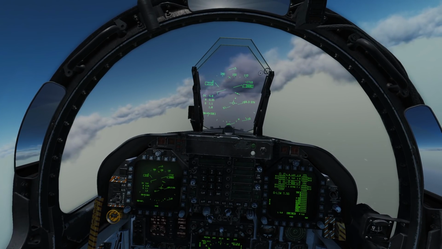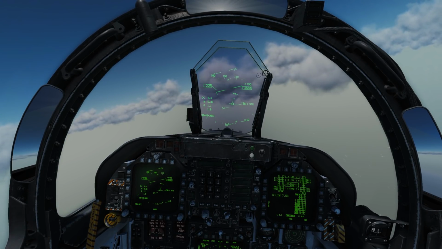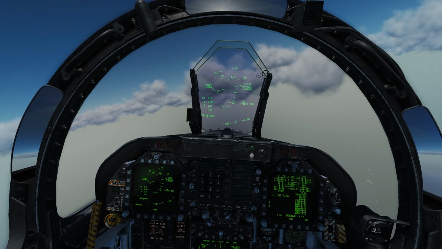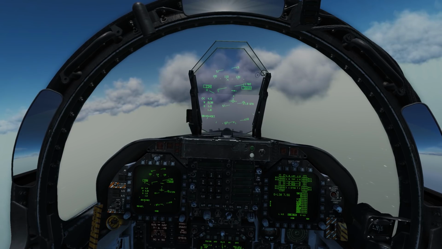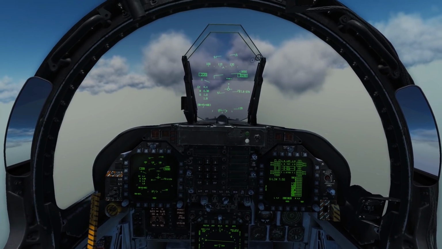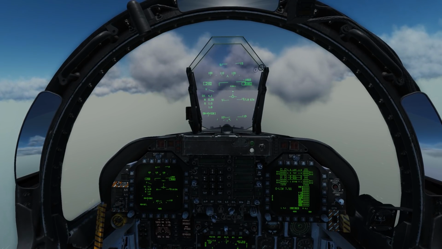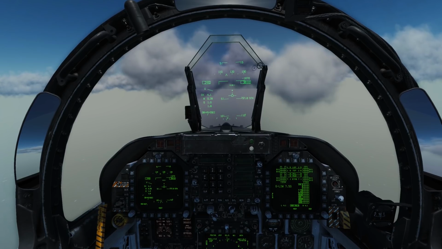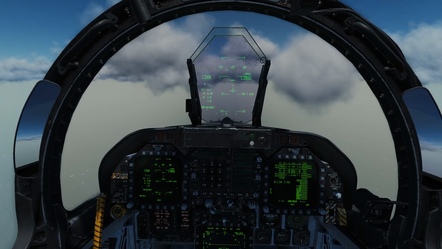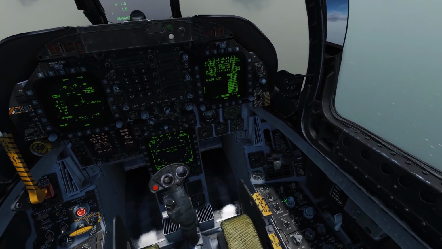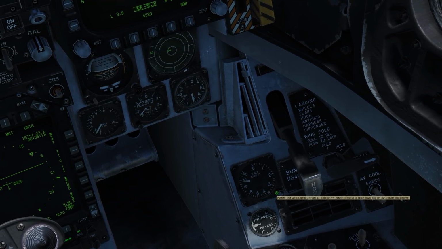During this transition, you can see that I also transitioned to final bearing. Basically, you can start this turn to put the radial perpendicular to your heading. At this point, it is also a good idea to set your rad alt to 370 feet for landing.